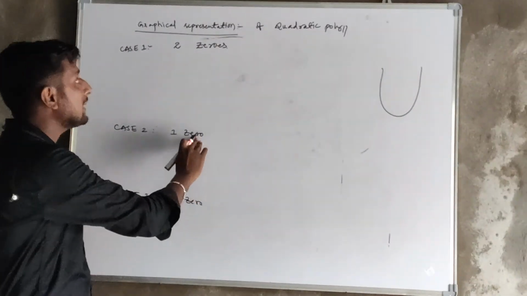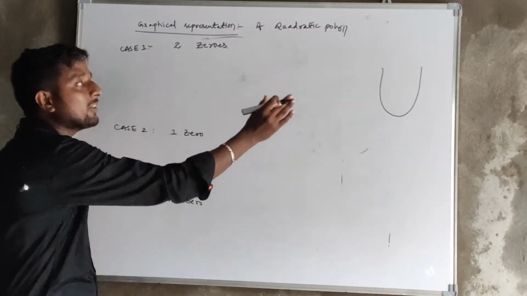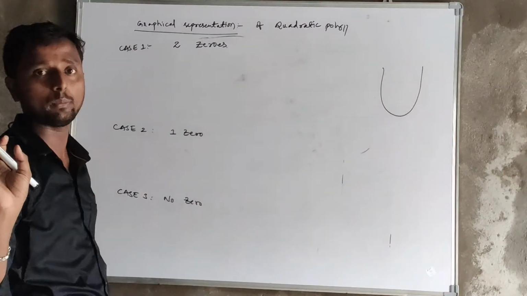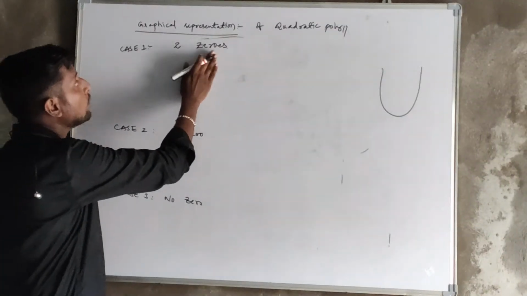So a zero is an x coordinate. Wherever the parabola cuts the x-axis, that is a zero of the quadratic polynomial. Okay, so two zeros I said.